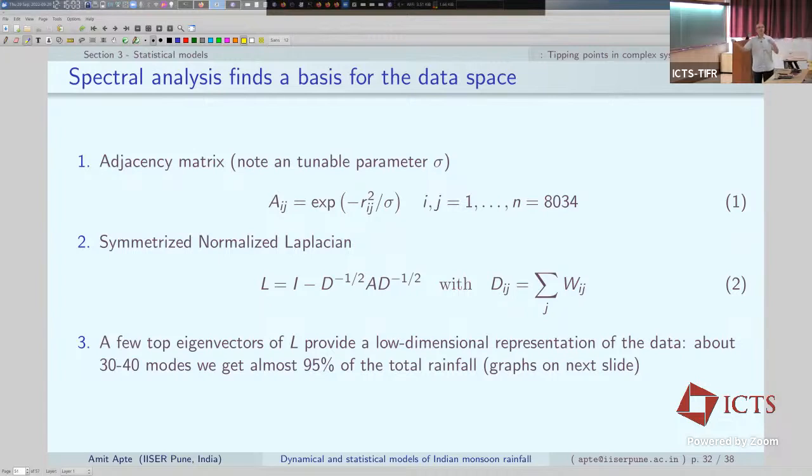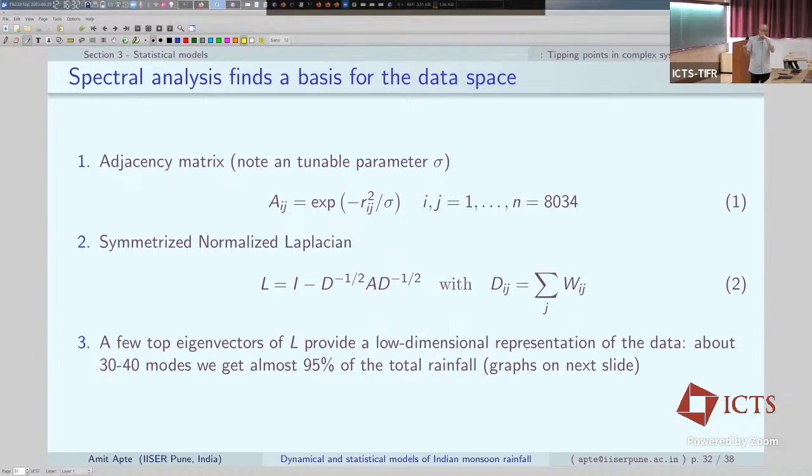So simply measure the differences between rainfalls between two sample points and take the square of it, and exponentiate. Lots of people have done that. There are some nice analytical properties of this: rather than constructing the adjacency matrix purely based on the distance, exponentiating gives nice analytical properties which may be useful here.